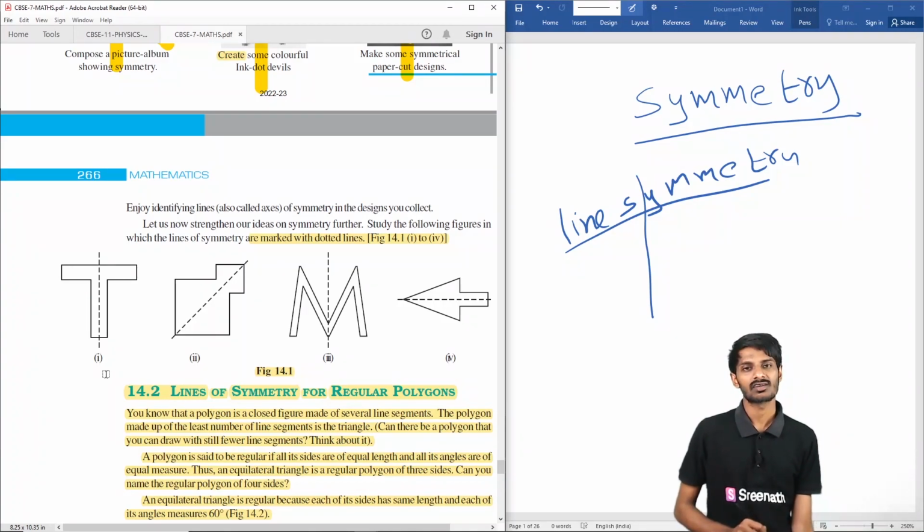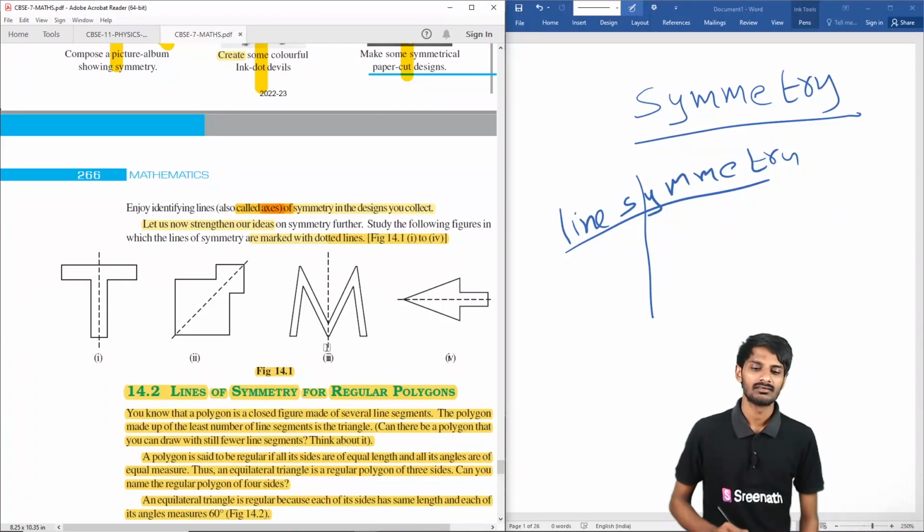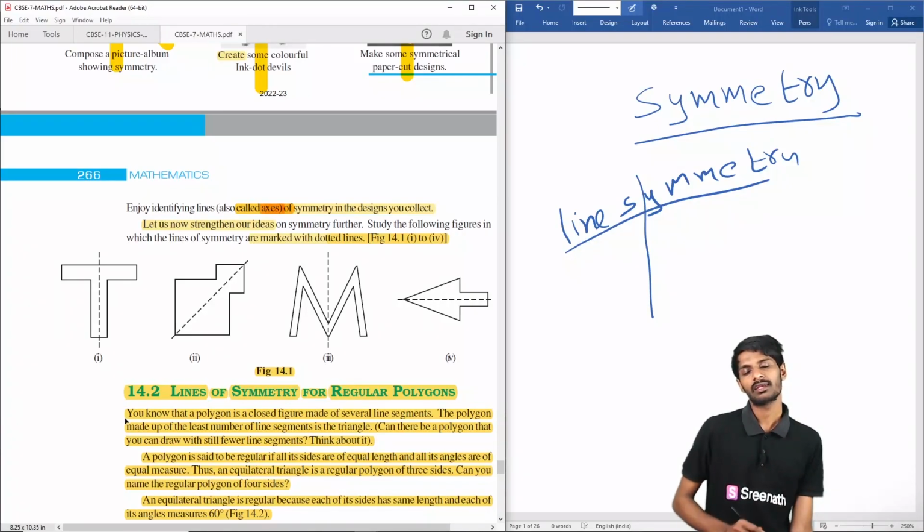So it is having line symmetry. These dotted lines are called axis of symmetry, friends. Symmetrical lines are called the axis of symmetry. If you see here, this is the line. If you fold it, this side and this side both look the same. So it is the vertical symmetrical line. This is somewhat a diagonal symmetrical line, but here it is the horizontal symmetrical line.